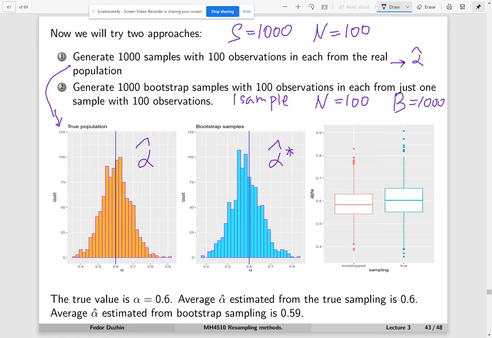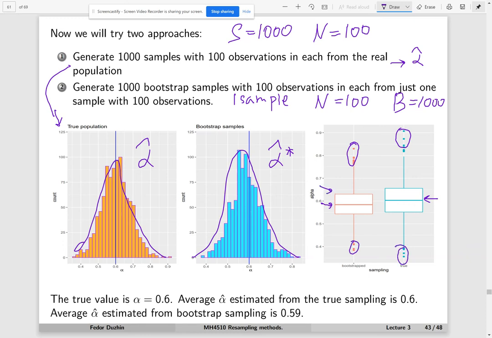And you see the two histograms. Both are histograms of this alpha hat, and they are pretty similar to each other, right? Surely they're not exactly the same, but the general pattern is similar. The third plot is the box plot, right? In this box plot, this is the median, bootstrapped or true. These are outliers.